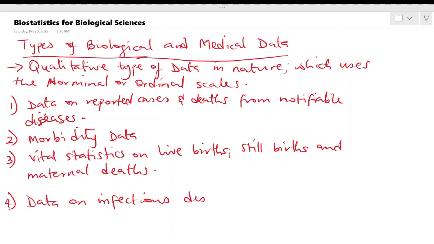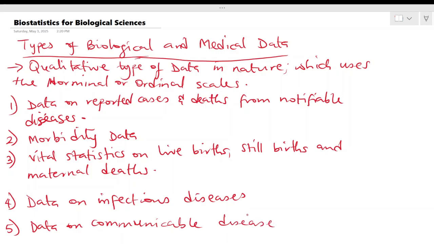Then we also have number five, data on communicable diseases. And number six will be taken in the next page.